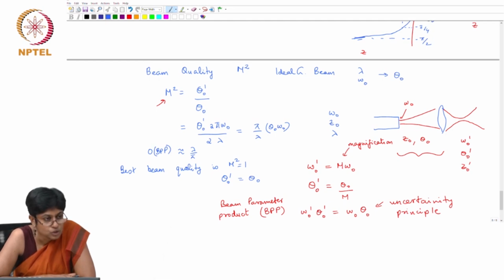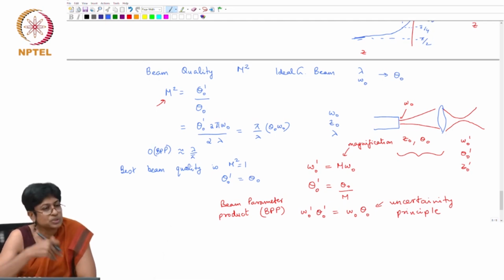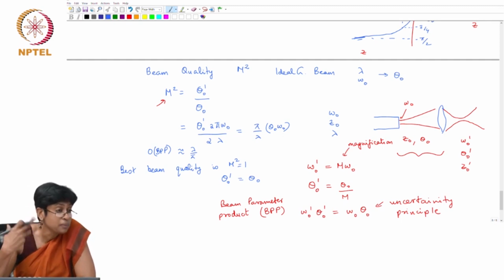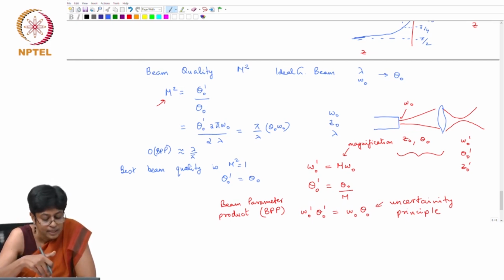So with this you should start getting the idea that there is only so much control you have over the beam. Here I'm showing you that it is basically a function of the wavelength, and there is only so much I can achieve with a source of a certain wavelength.